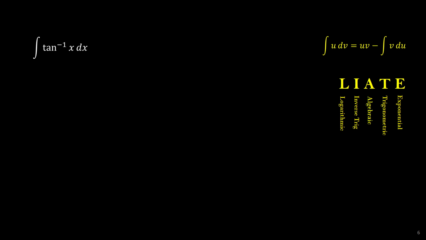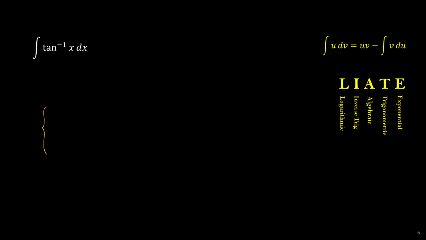In this question, we want to find the integral of tangent inverse of x dx, one of the other important functions in mathematics. Because the only function that we have here is tangent inverse of x, we choose tangent inverse of x as u, and the other part, which is dx, will be our dv.